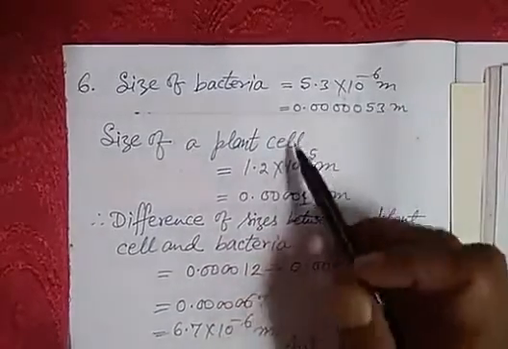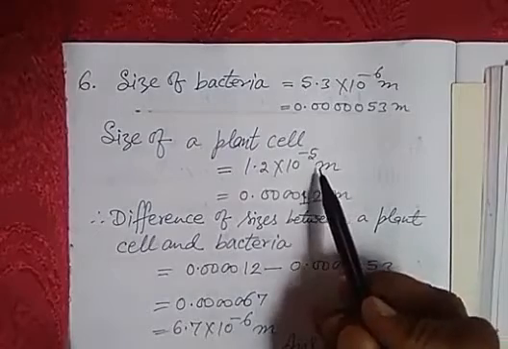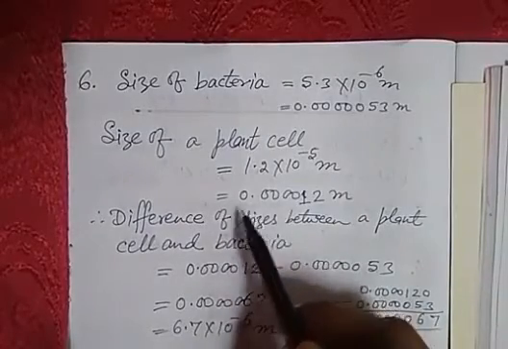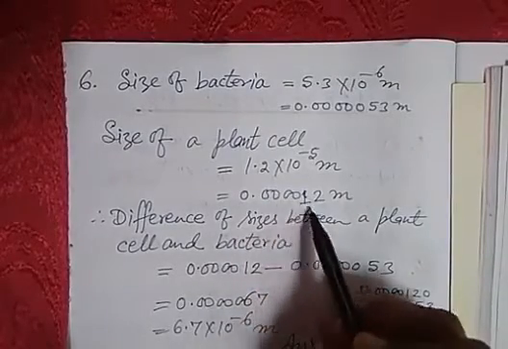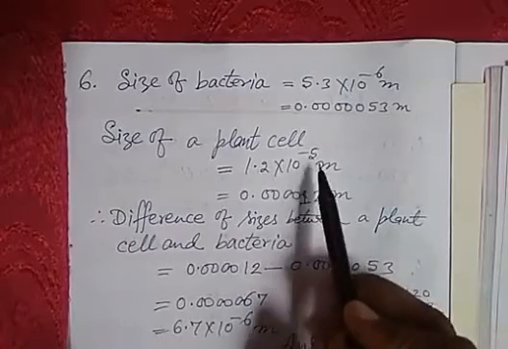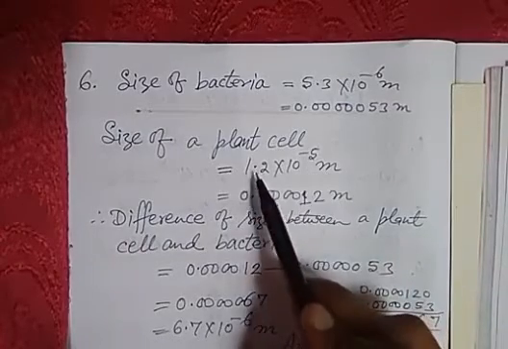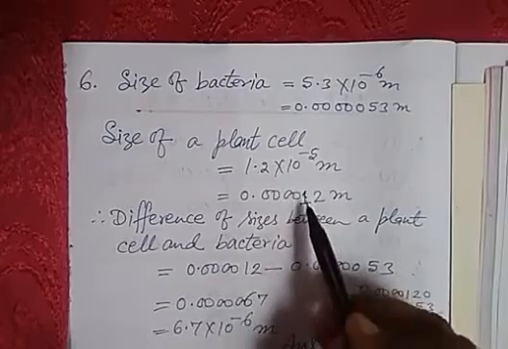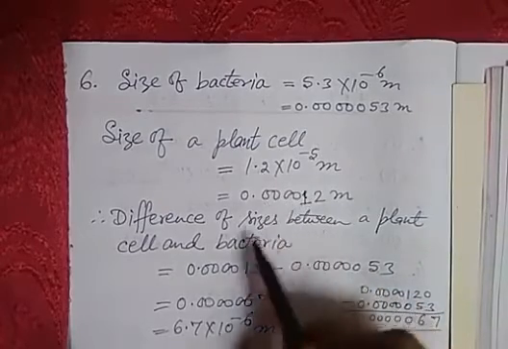Size of a plant cell is 1.2 into 10 to the power minus 5 meter, equal to 0.000012 meter. Here the power is 5, so it is shifted 5 places: 1, 2, 3, 4, 5.